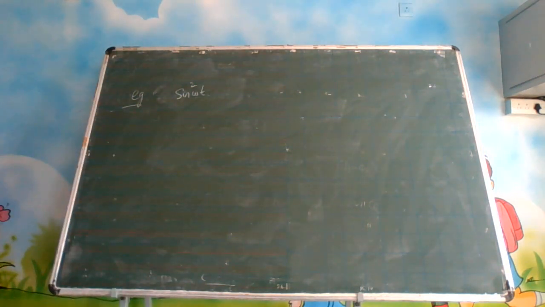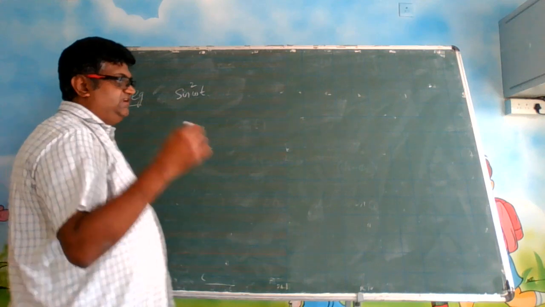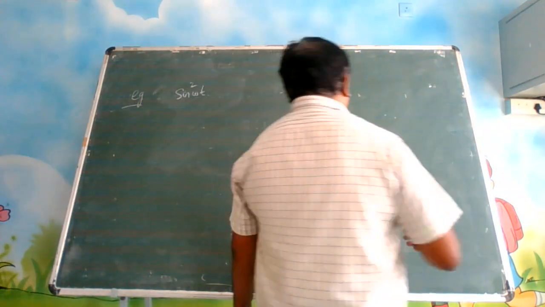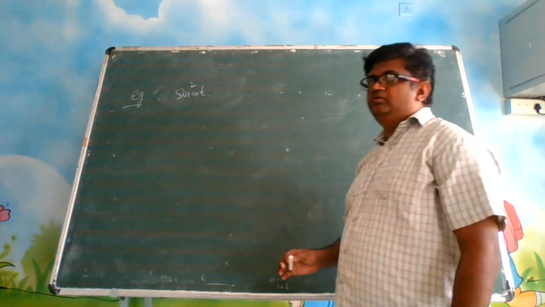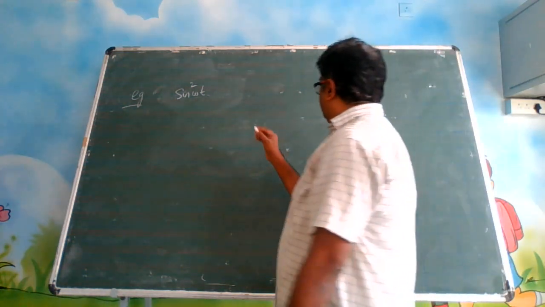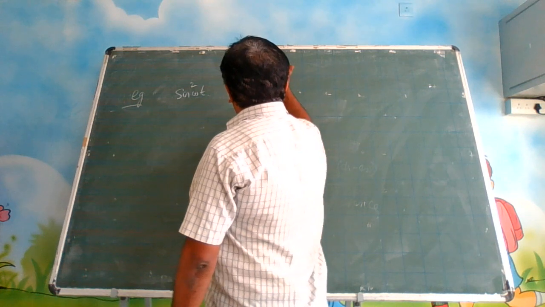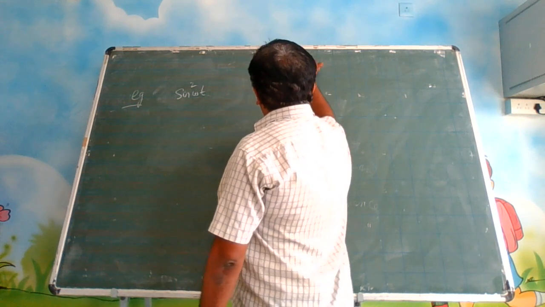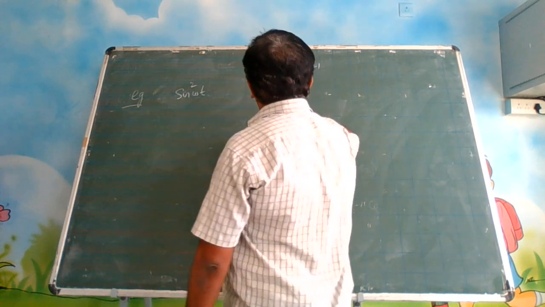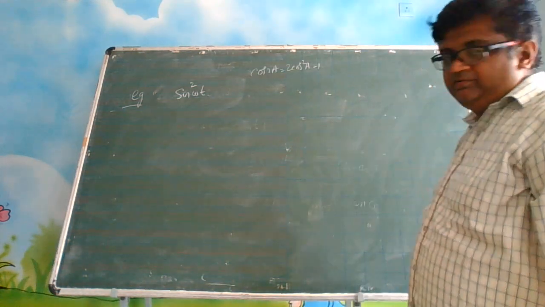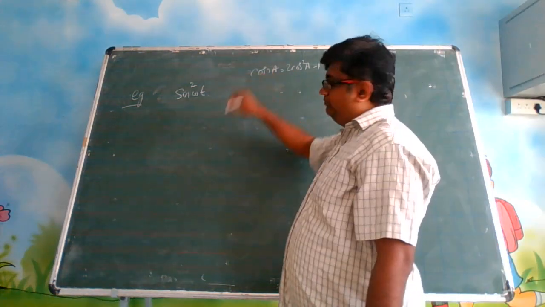Whenever you get this type of question, always think in terms of sin 2a, cos 2a. You should know that basic formula: cos 2a is equal to 2 cos square a minus 1. This is one way of writing it, for multiple angles.